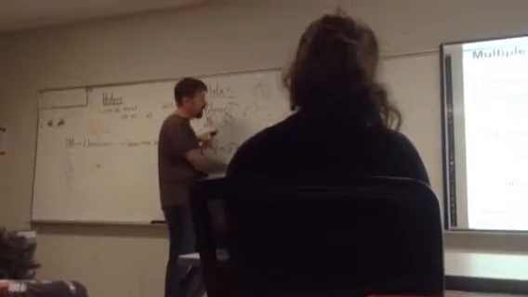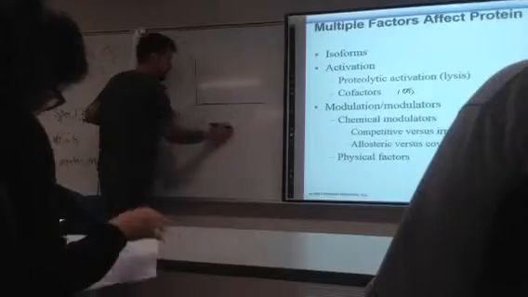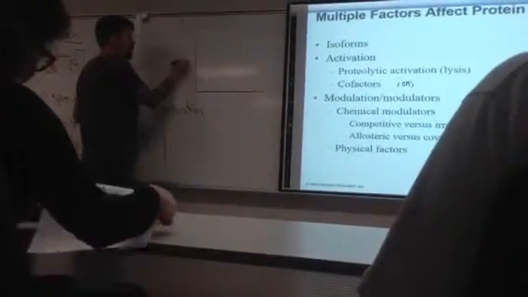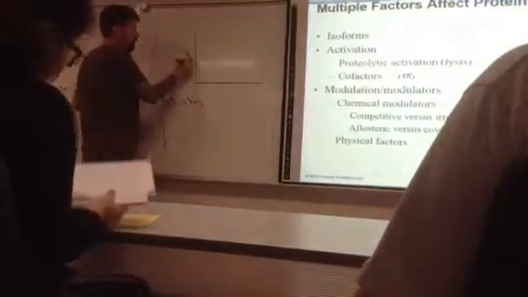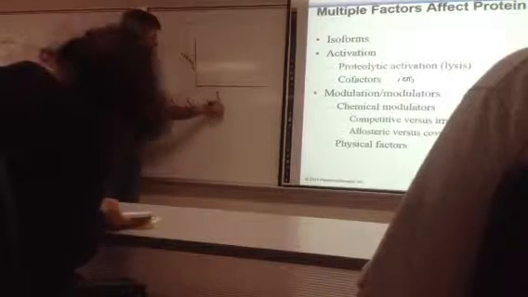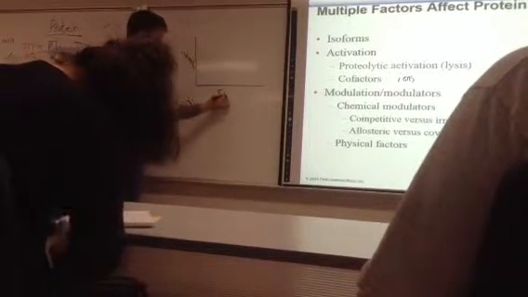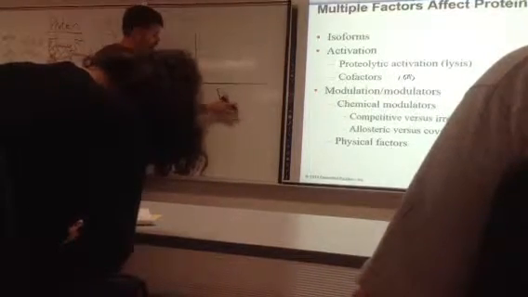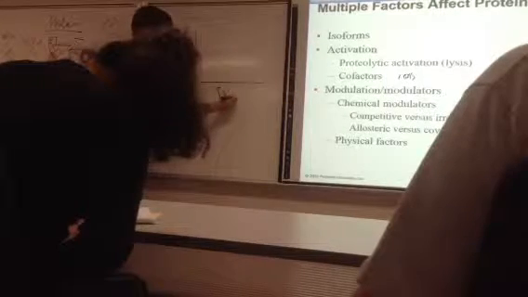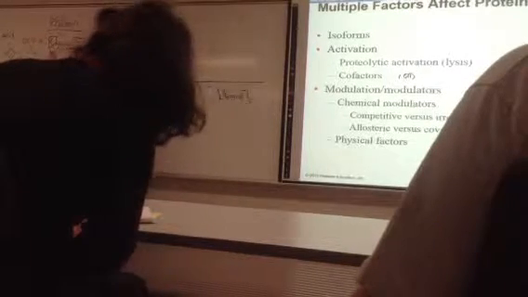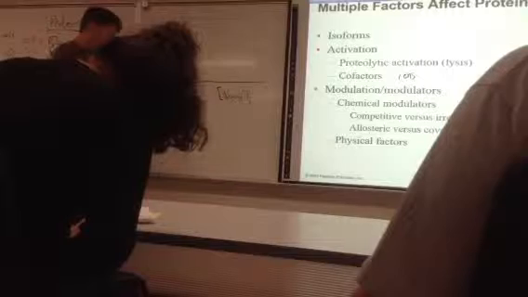So if we were to look at saturation in a graph, looking at the interaction as a function of the concentration of the ligand, what would the shape of this graph look like?